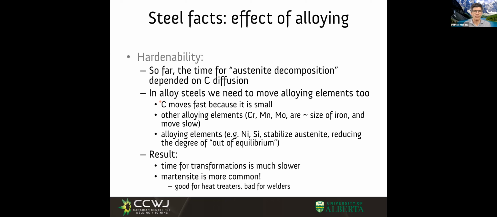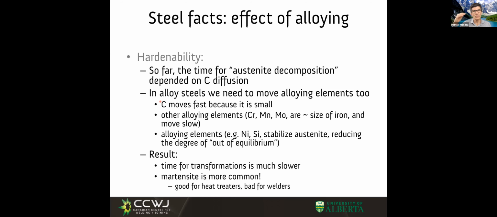In addition, some of these elements also stabilize the austenite, or the opposite, they can stabilize the ferrite. But now we can start playing games through the thermodynamics, saying, okay, is my austenite more or less stable? If you remember, if we're too close to the stability region of the austenite at high temperatures, our transformations are very slow, even if diffusivity is high.